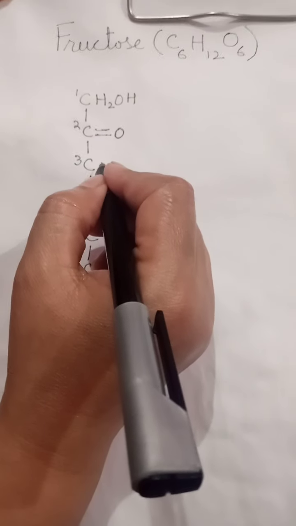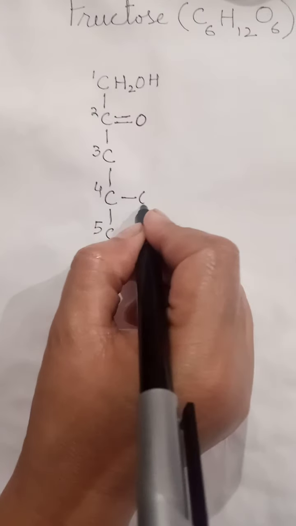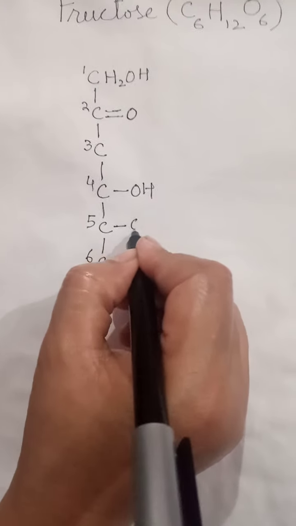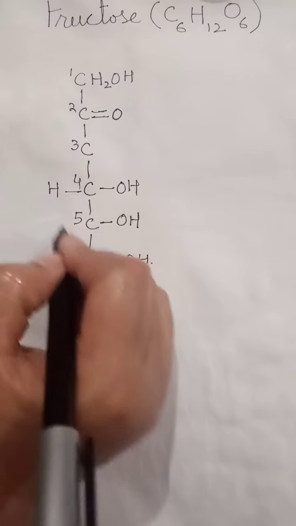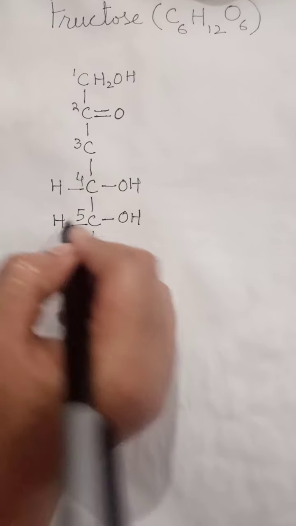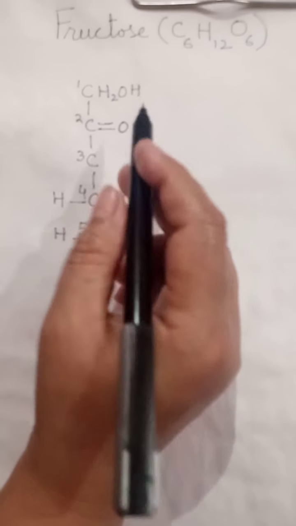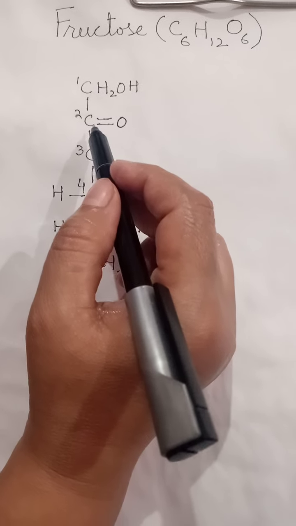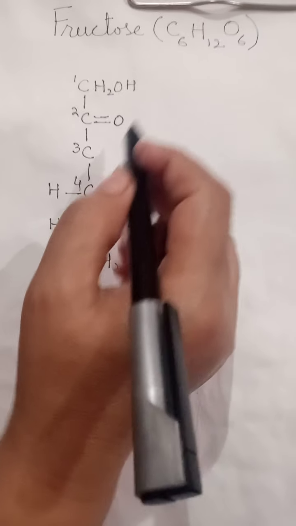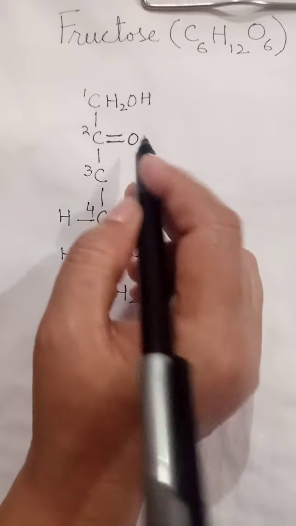Now students, when we draw D fructose, with carbon number 4 and 5 we will write the hydroxyl group on the right side and hydrogen on the left side, as I told you earlier in the case of glucose. Now we will not make those changes with carbon number 2 as we made with glucose, because this is a keto sugar, this is the functional group.